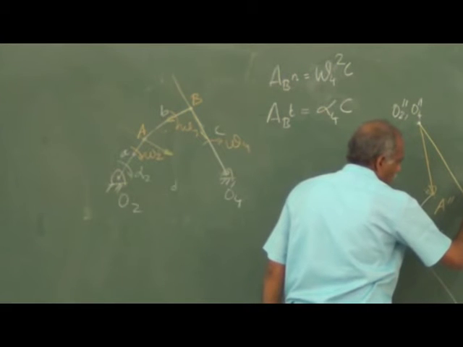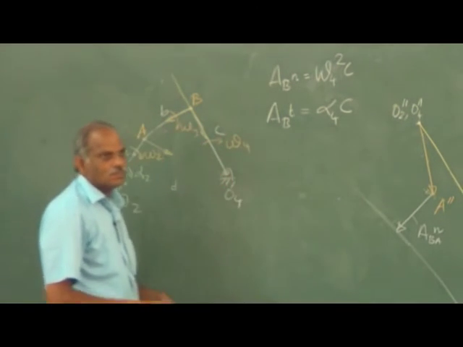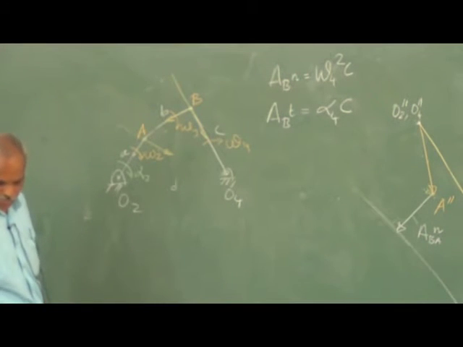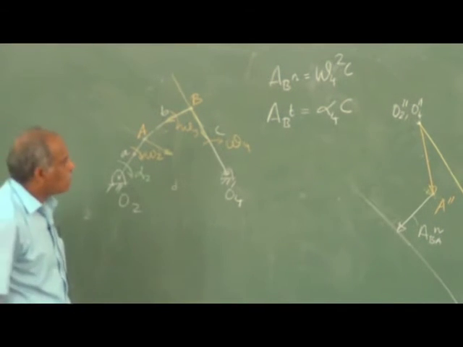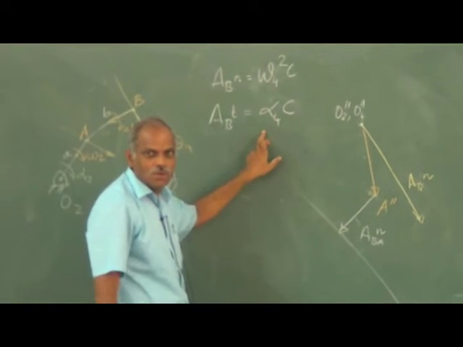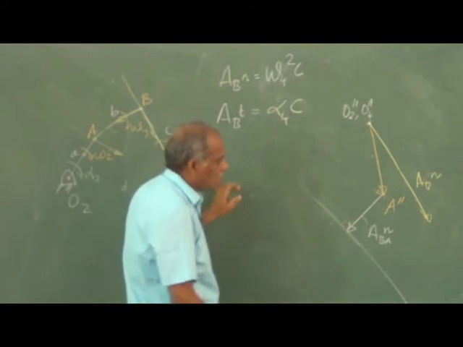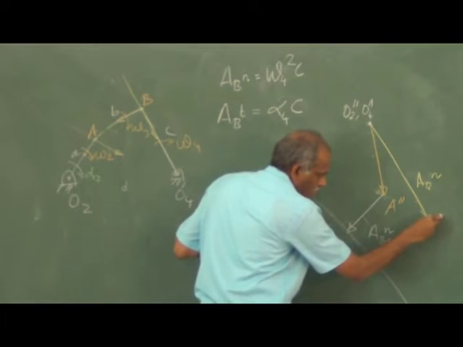So this is, say, acceleration of B, normal component. Then what about the tangential component? That will be perpendicular to it, but I do not know the value of it because alpha 4 is not known. But the tangential component will be perpendicular to this.